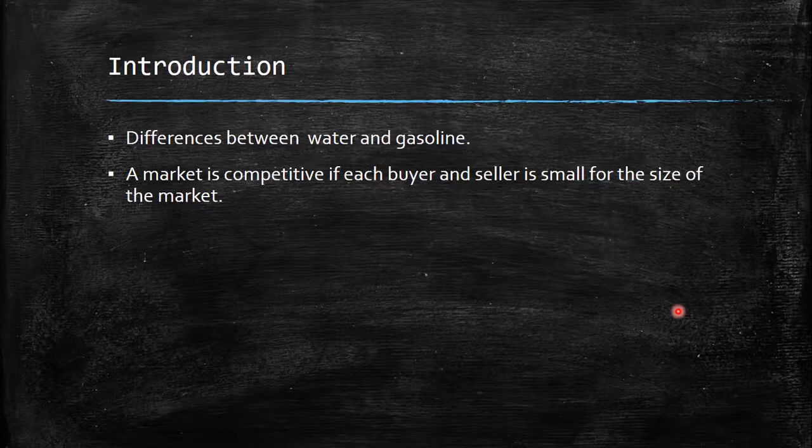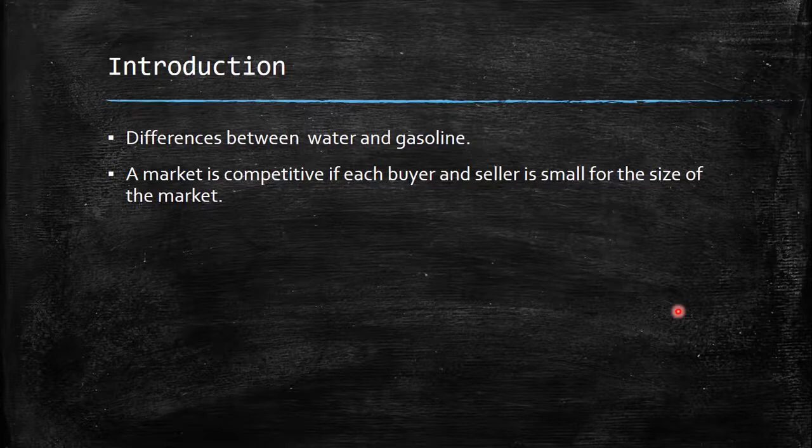So when we talk about the market as competitive, we need to make some assumptions, for example, that each buyer and seller is small relative to the size of the market. What does it mean? Basically, even if a buyer or a seller wants to change the price of the market, it's impossible.